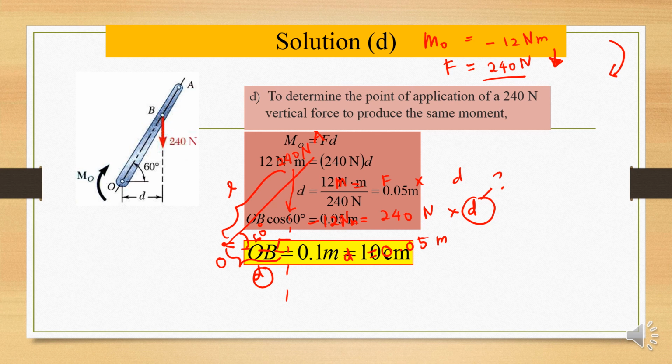Have we done yet? No, not yet. We still need to get the L value, because this one is actually the perpendicular distance. We want to know where is the point along the lever. Draw it again.